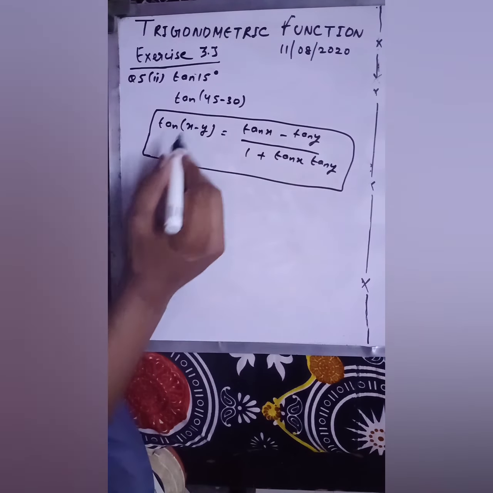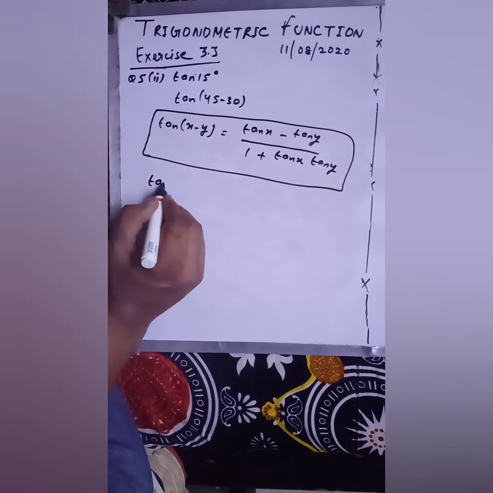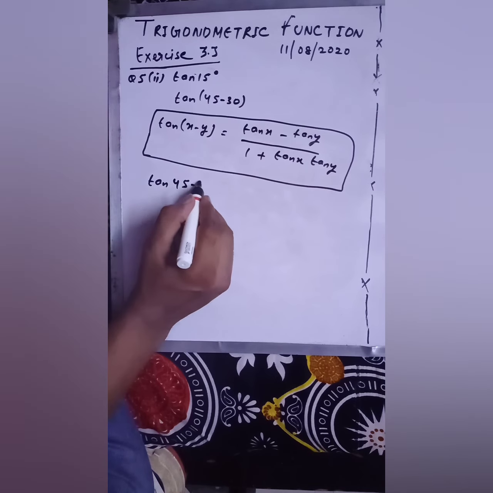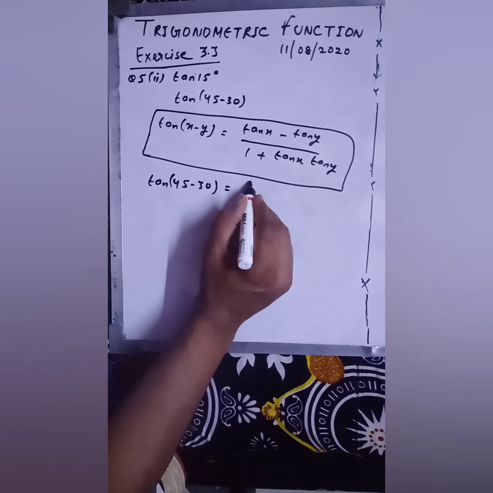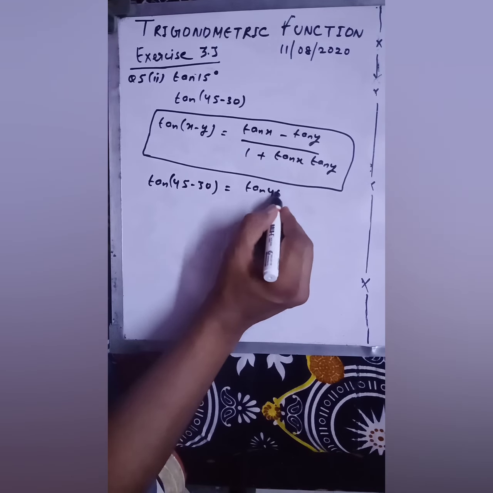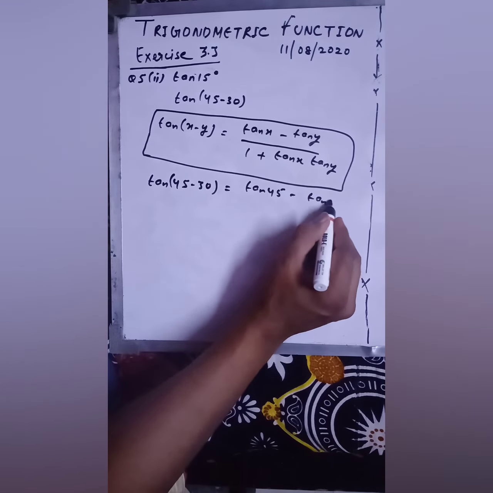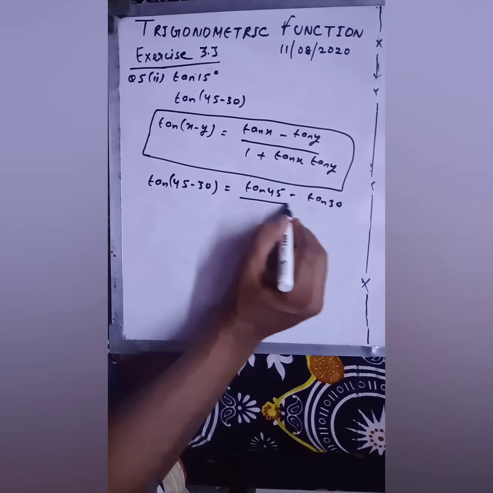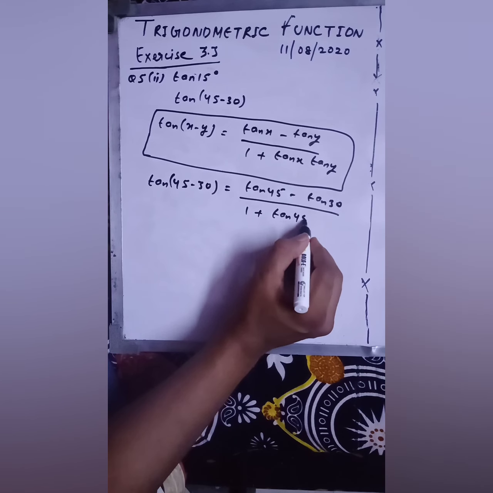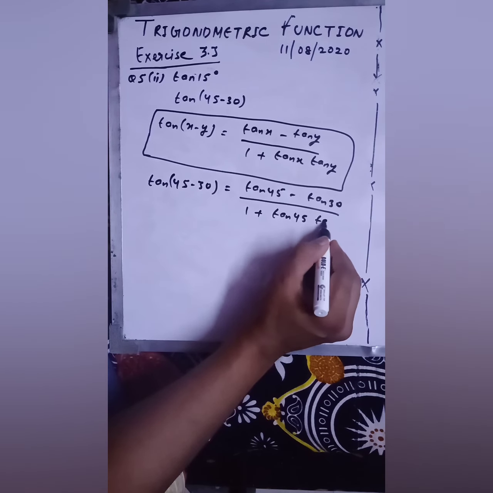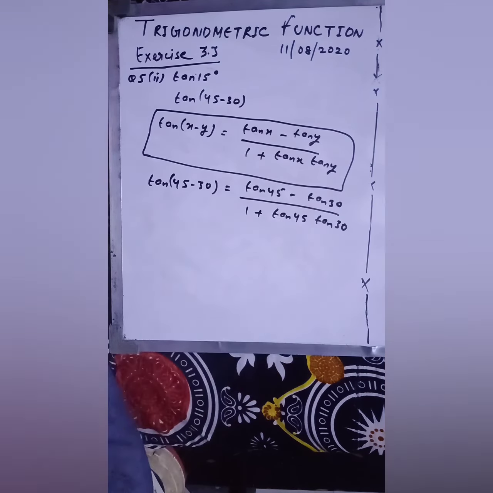So I am applying it here. Tan 45 minus 30 equals tan x, which is tan 45, minus tan y, where y is 30, so tan 30, over 1 plus tan x, where x is 45, into tan 30.